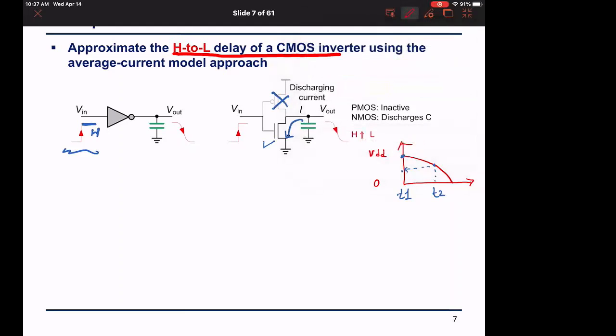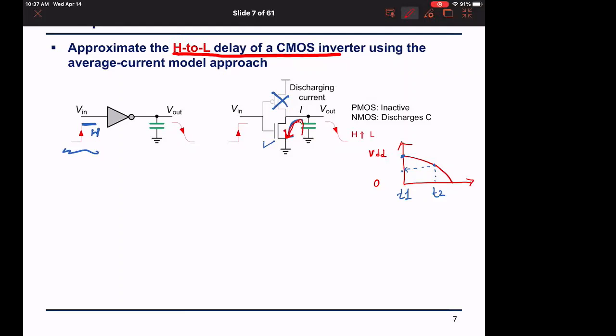Under these considerations, we need to define at the 2 time points the current that is flowing in the capacitor. The current that is flowing in the capacitor in absolute value is equal to the current that is really flowing in the NMOS device.